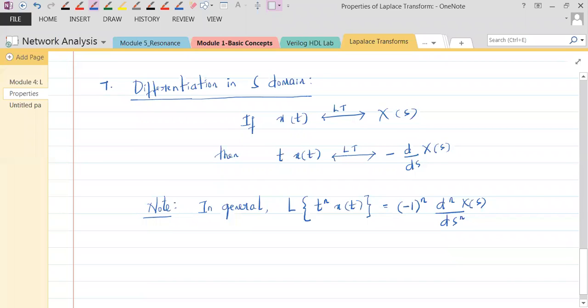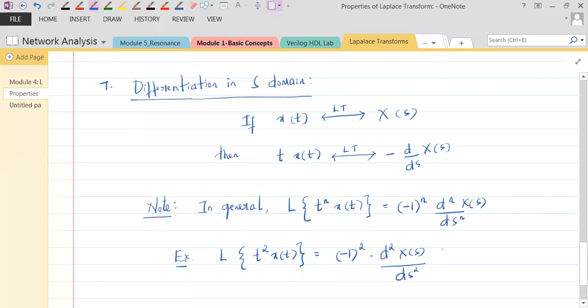Understand that? Okay. For example, what is the Laplace transform of t square x of t is the question. This would be minus 1 to the power 2, into the second order derivative of x of s with respect to s.